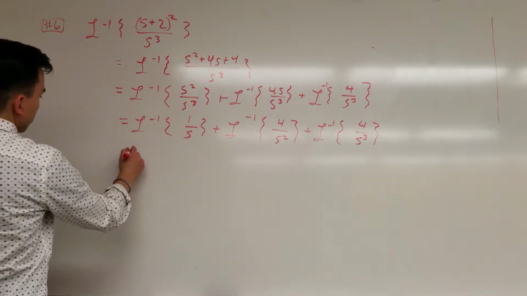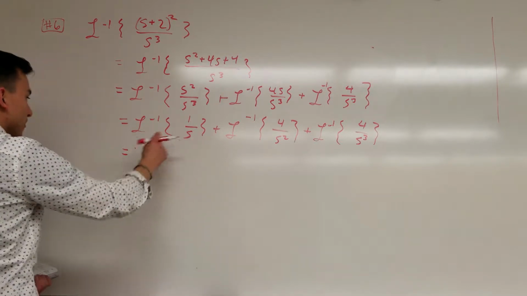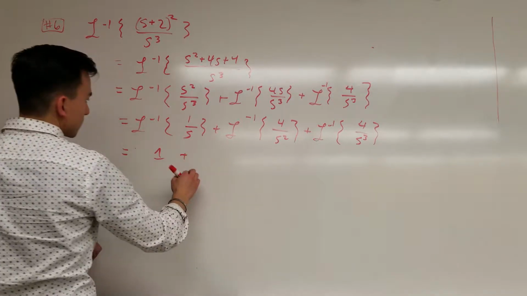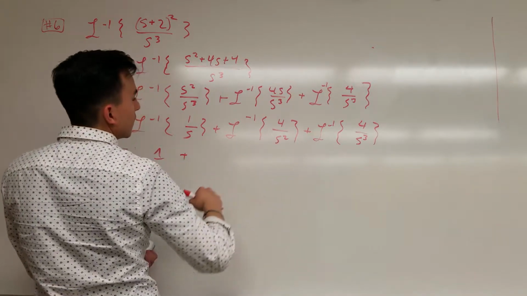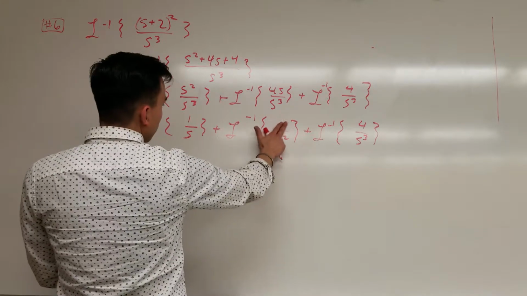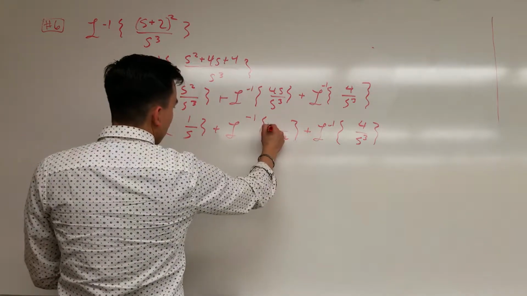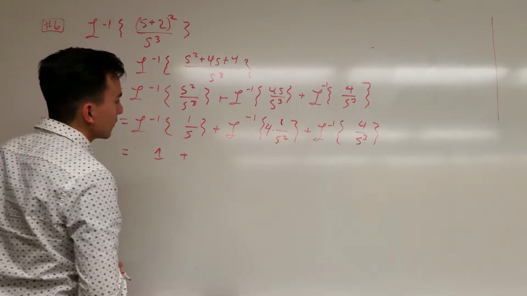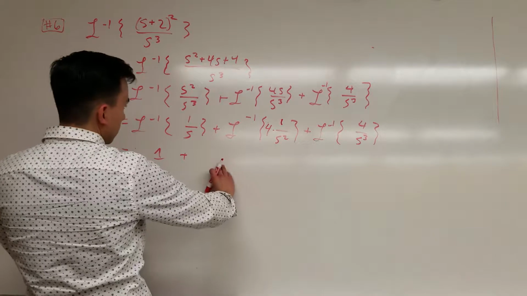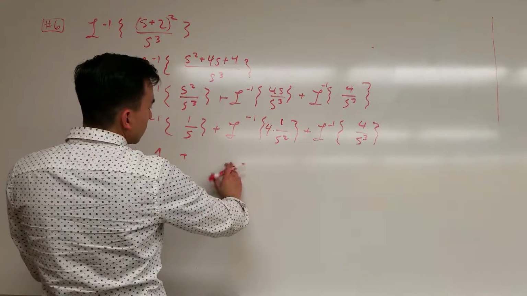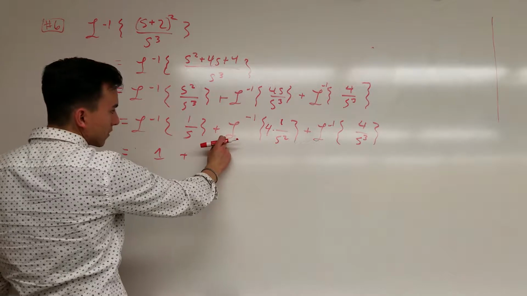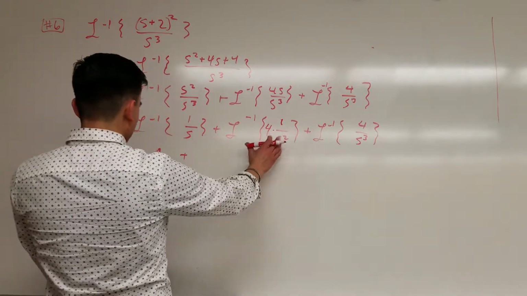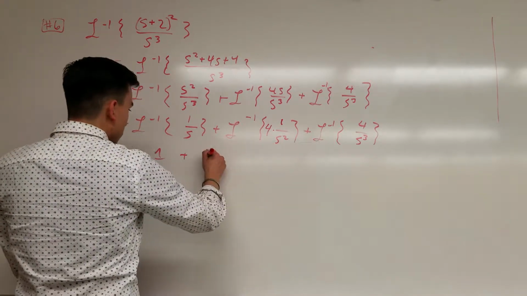Well, the inverse Laplace of 1 over s is simply going to be 1, plus the inverse of, well, we can see like this, 4 times 1 over s squared is the same thing. You could move this 4 out here and just work with the 1 over s squared, but it means the same thing. So the inverse of this is going to be 4t.